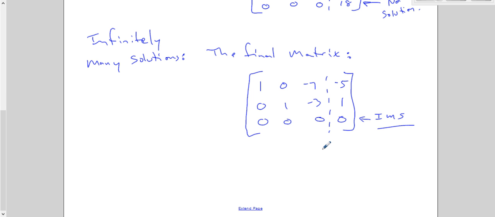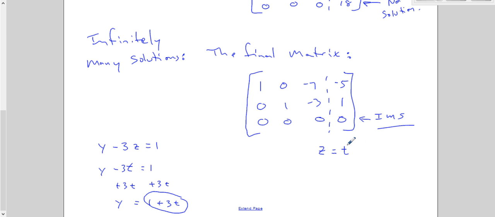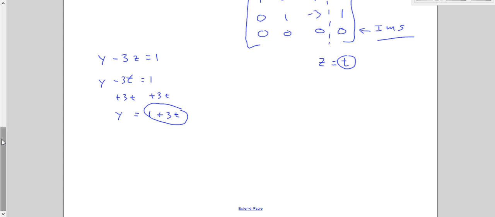So here we're going to say, let's say that z equals t. If we go back up into the second row where we have y minus 3z equals 1, we plug in t, so y minus 3t equals 1. Solve for y. I'm going to add 3t to both sides, and I get y equals 1 plus 3t. So I'm coming up with variable expressions for x, y, and z.